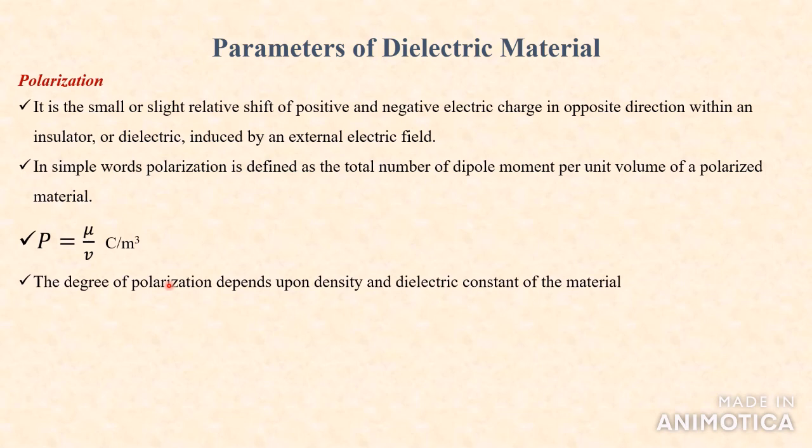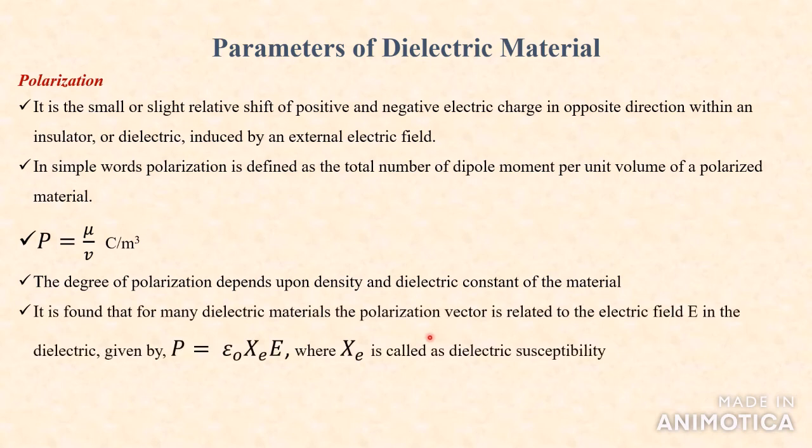So the degree of polarization mainly depends upon the density of the material as well as the dielectric constant of the material. It is found that in dielectric materials, the polarization vector is related to the electric field. So this polarization is directly proportional to the electric field.